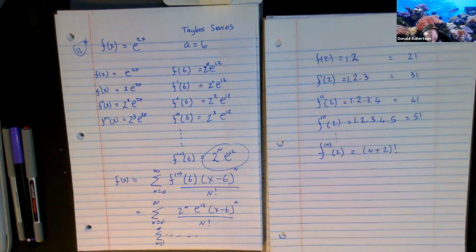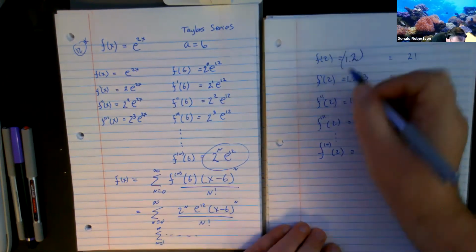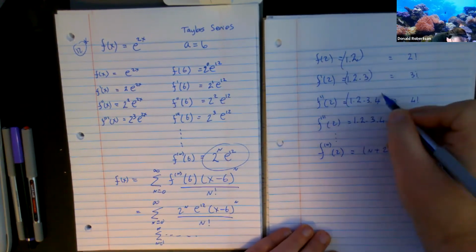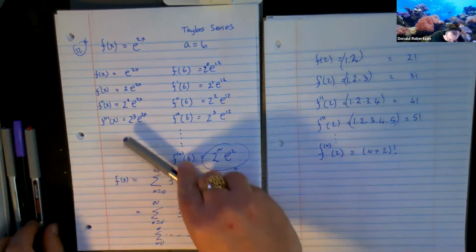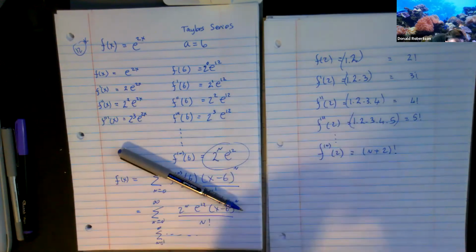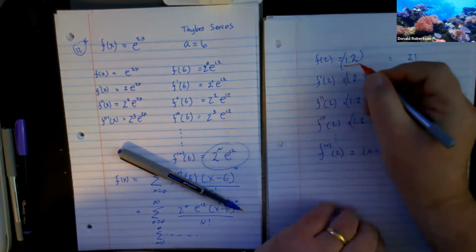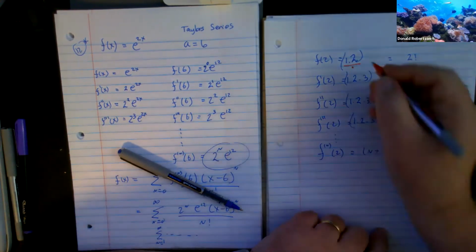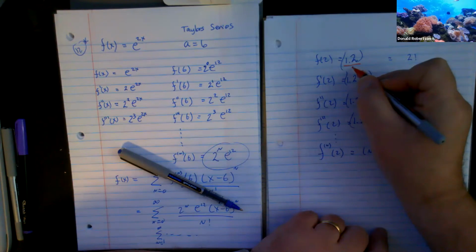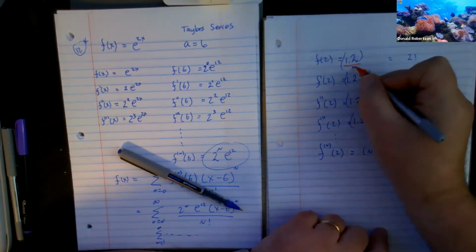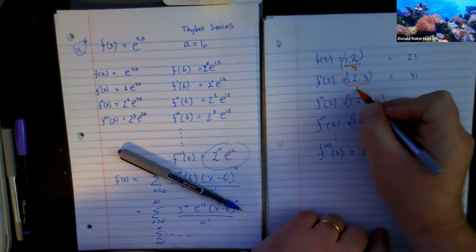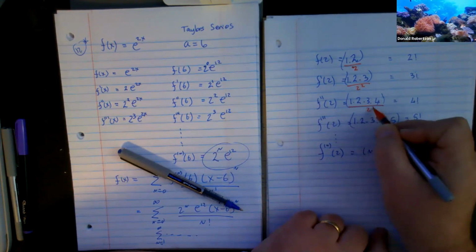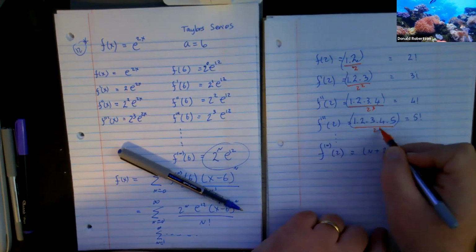Okay. Well, let's pretend that the question was more than just this, but it was a fraction. So it was this over 2, this over 2 squared, this over 2 cubed, and this over 2 to the 4.